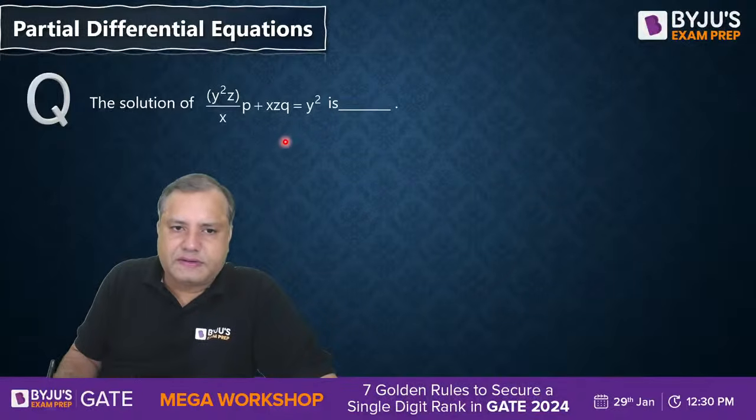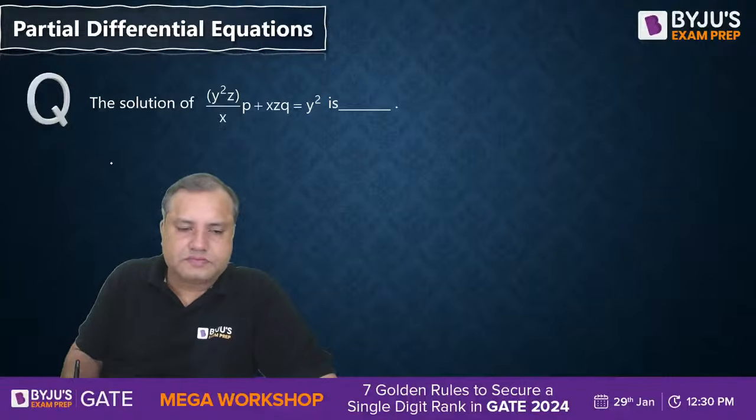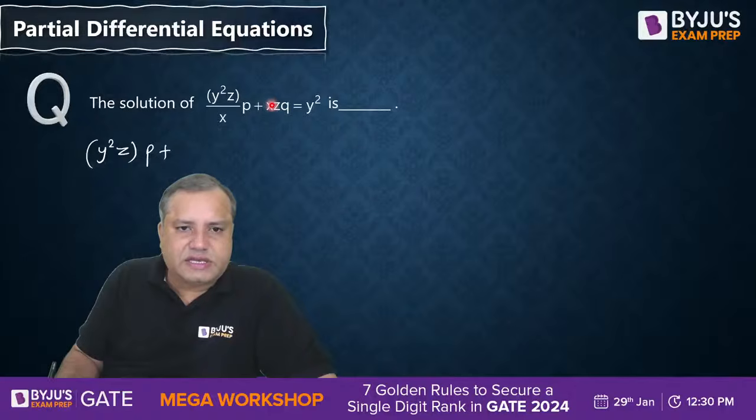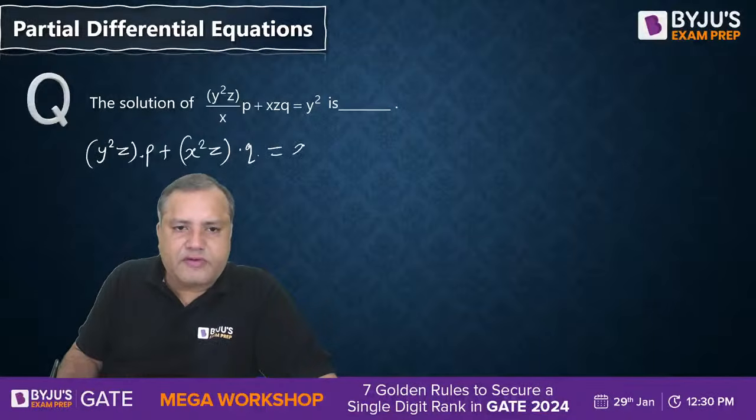So you will get what? Y square z into p, then x square z into q, and on right hand side you have x y square.